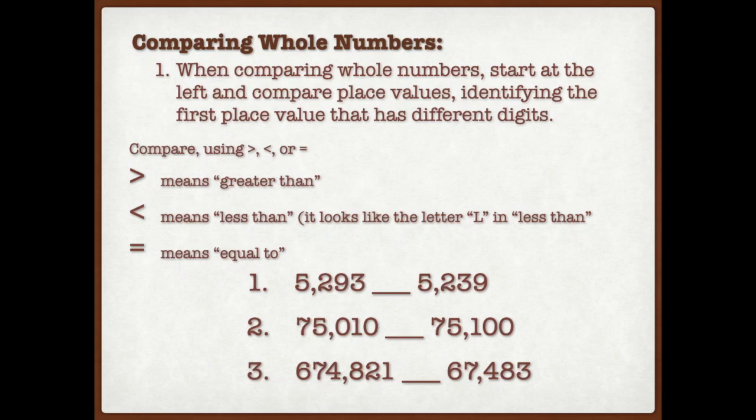Okay, so right there, there's 3 place values for the one on the left, 3 to the left of that comma, while the one on the right, 67,000, only has 2 place values to the left of the comma. Our first number, 674,821, is greater than 67,483. So the greater than is open to my left. It looks like it's going to eat the bigger number.